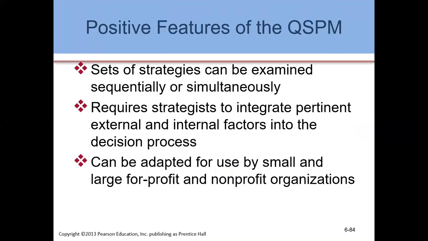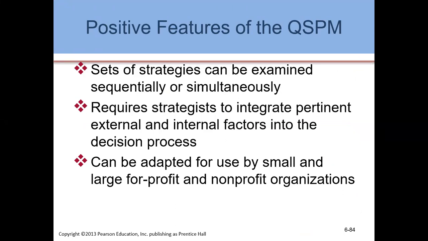Before I show you the demonstration, there are certain positive features of the QSPM. The first is that sets of strategies can be examined sequentially or simultaneously. The second is that it requires strategists to integrate pertinent external and internal factors into the decision process.